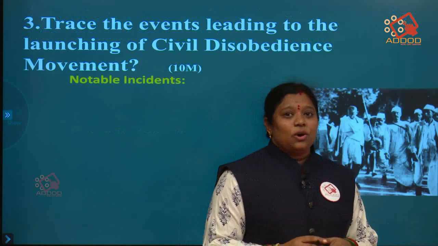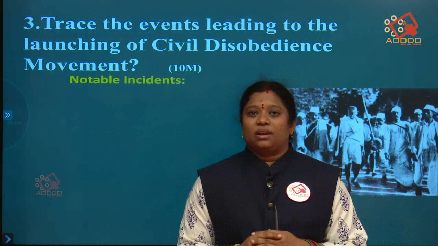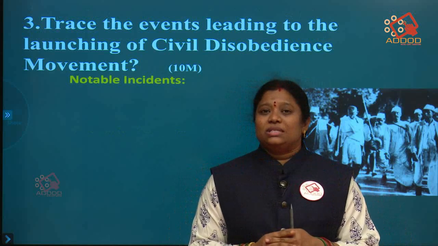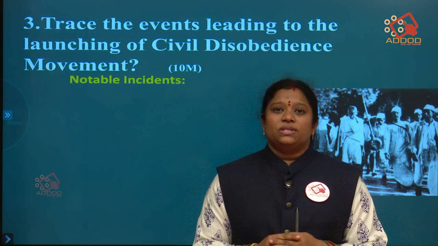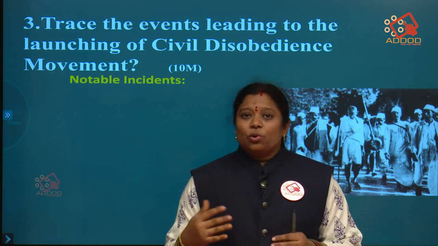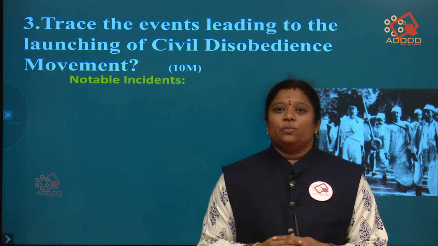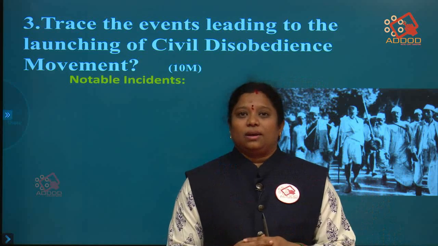So our next topic is the civil disobedience movement or Salt Satyagraha, which was the second national movement done by Mahatma Gandhi in the year 1930. So let us go through the conditions as well as causes for the civil disobedience movement or Salt Satyagraha.